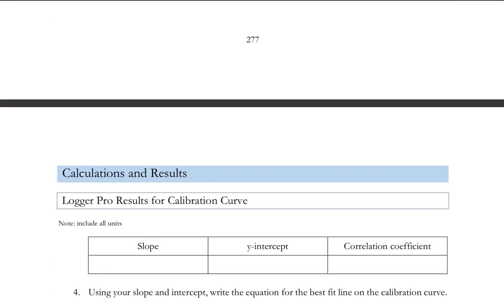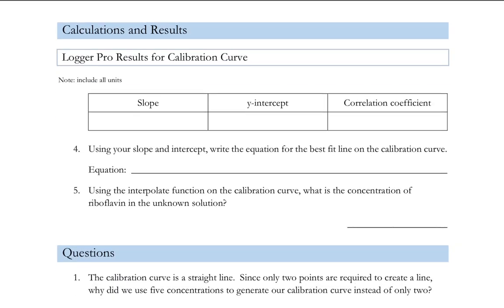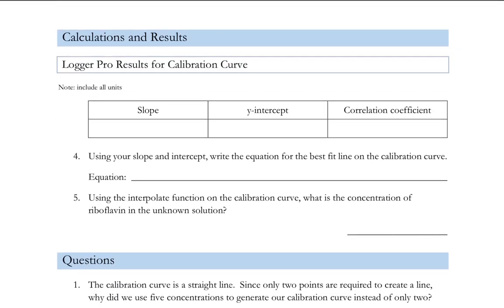Okay, then we have the calibration graph, which has the slope that I will probably tell you in the experiment video, and you'll be able to see it on the graph. I'll give you the y-intercept, also on the graph, and the correlation coefficient. Okay, so using your slope and intercept, write the equation for the best fit line on the calibration curve.